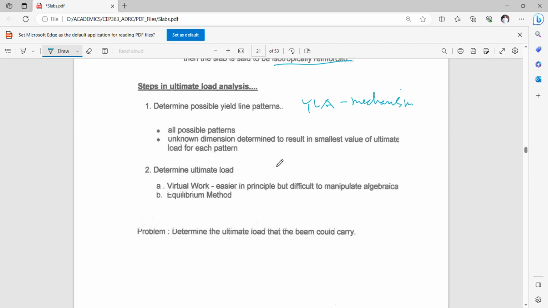All possible patterns may be assumed, and then we take note of the unknown dimension determined from the result, resulting in the smallest value for each pattern. So for all possible patterns, we always determine the smallest value, because this will be your ultimate capacity. And for step 2, we determine the ultimate load using virtual work, as we have discussed a while ago, and the equilibrium method, as we will be discussing later.